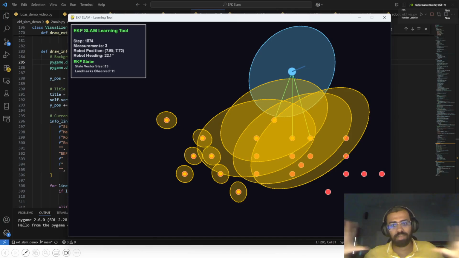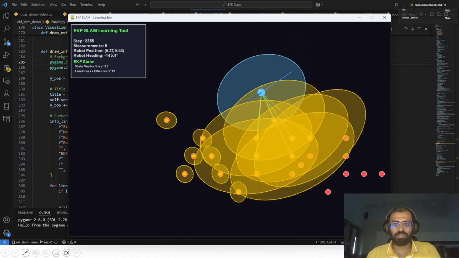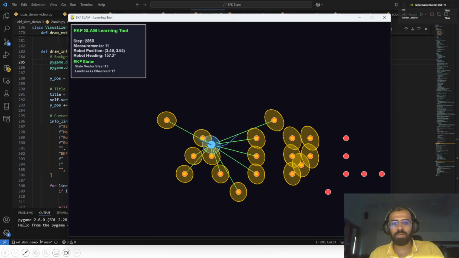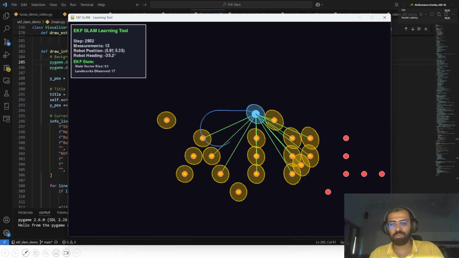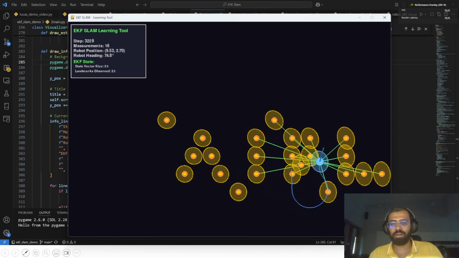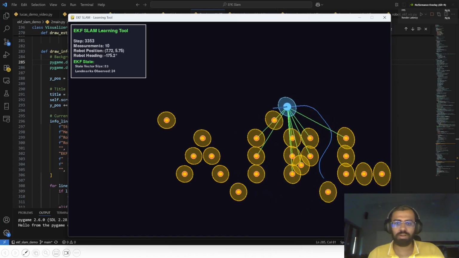Do you see how big the covariance is? And you saw how big the covariance of the initial position we detected was, right? Now, if I go closer, I bring the previous smaller covariance landmarks into play. As soon as I detected those, the covariance for the landmarks which we observed with high covariance also reduced in amount.